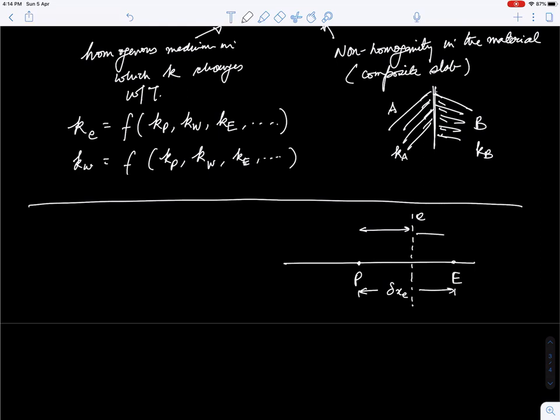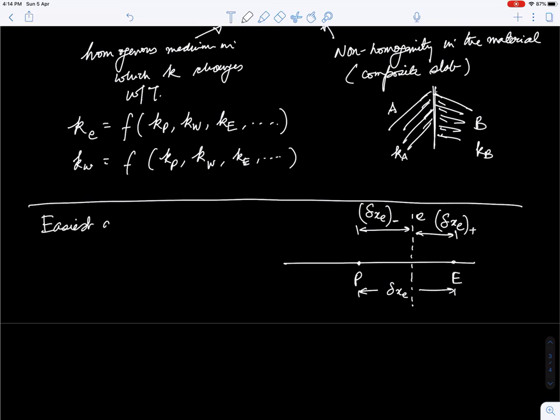Let me choose to say that the distance of the face e from E is represented by delta xe plus, and the distance of the face e from P is represented by delta xe minus.